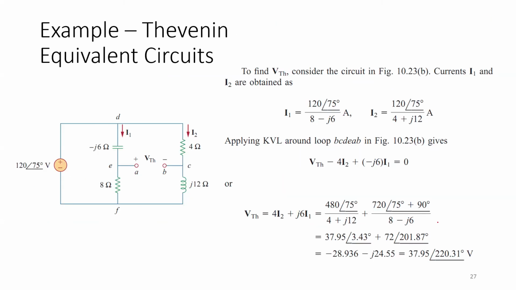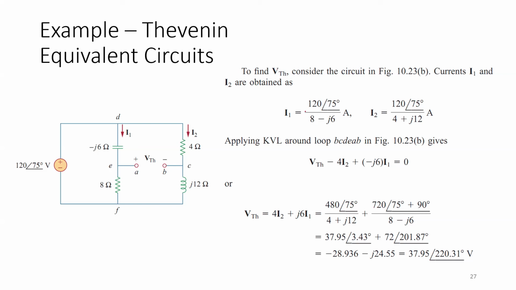And in order to get the Thevenin equivalent voltage, we need to find the voltage drop across these two terminals. There can be multiple methods to get this voltage. What we do is find the current flowing through one branch and the other branch, and then find the voltage drop across a single element.